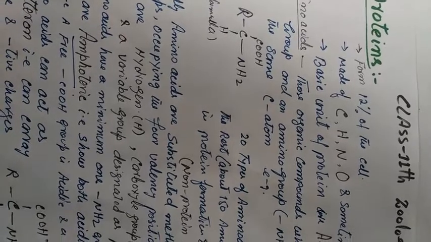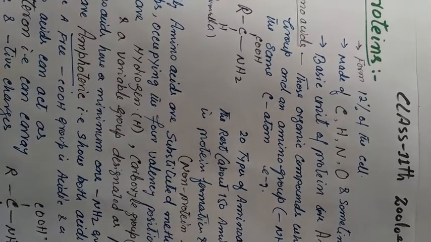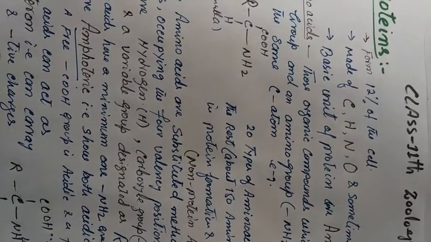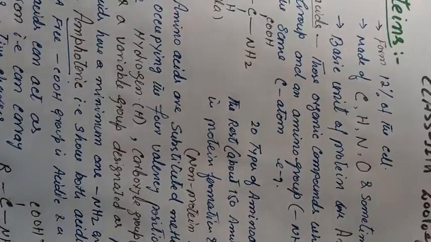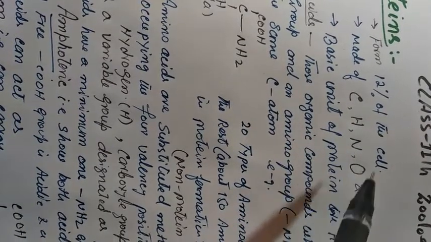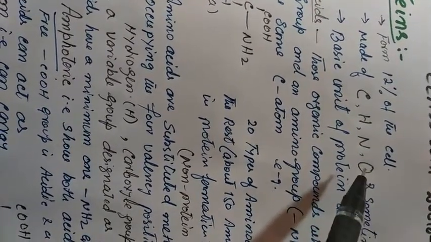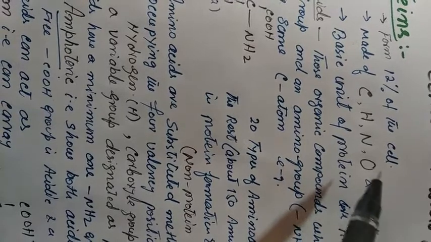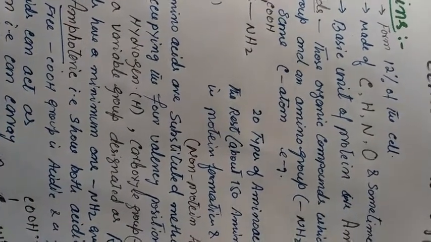These proteins are very essential and important biomolecules which form about 12% of the cell mass. They are essentially made of elements like carbon, hydrogen, nitrogen, oxygen, and sometimes sulfur is also present in proteins.